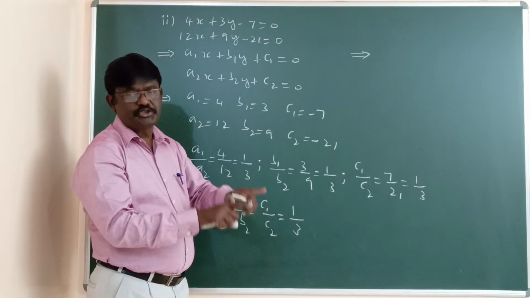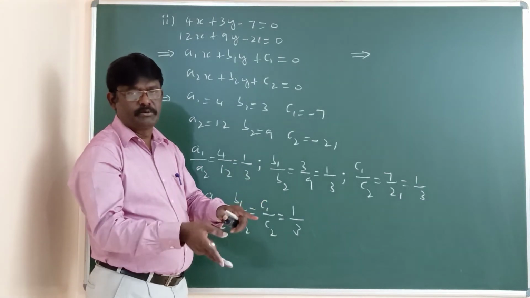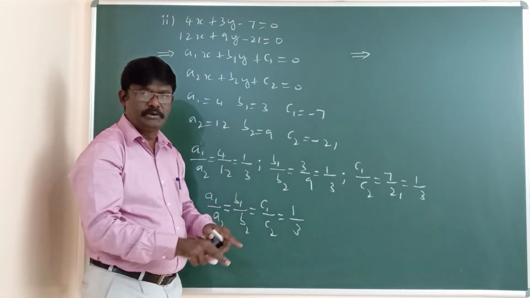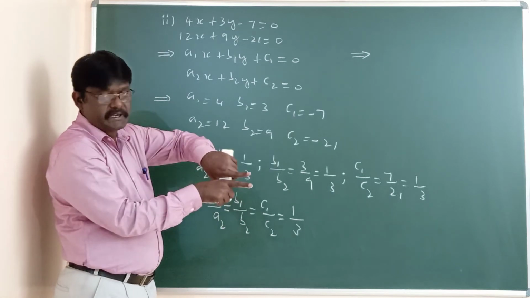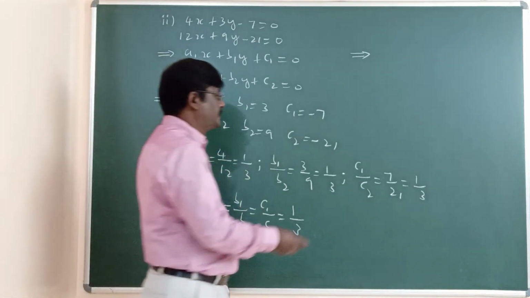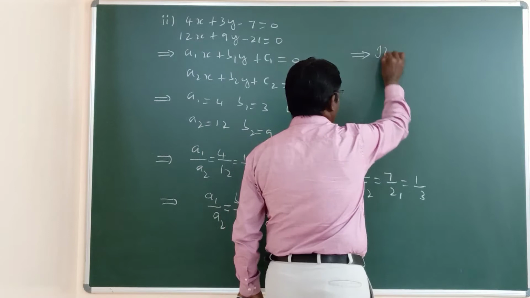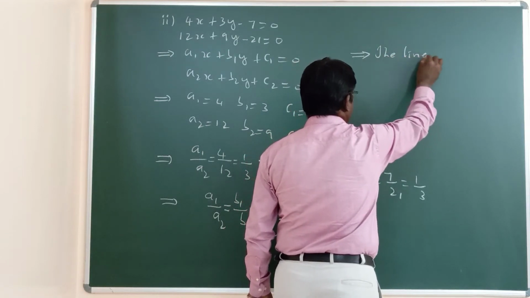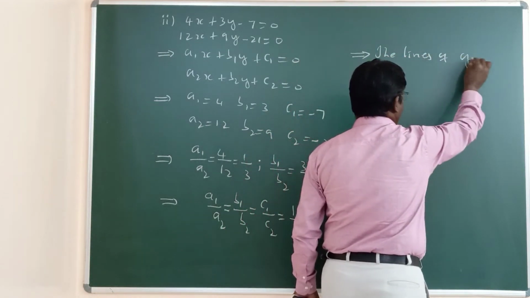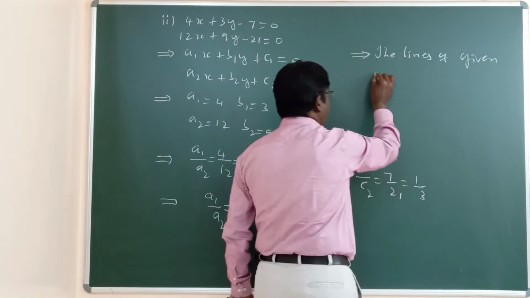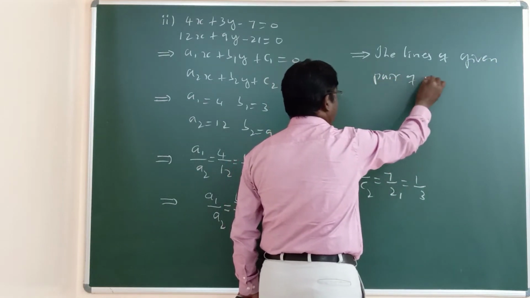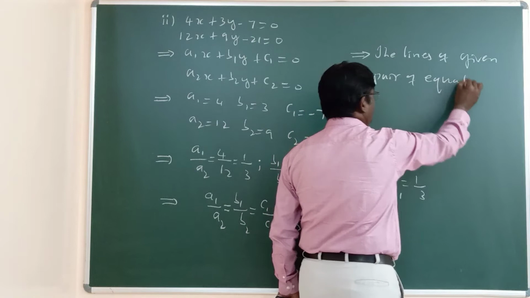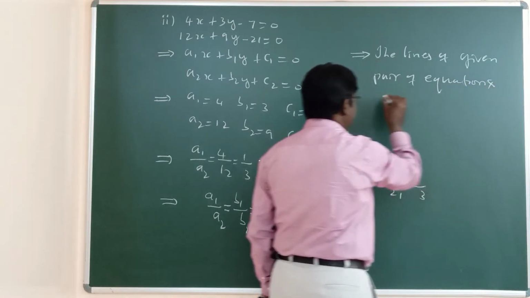When all three ratios a1 by a2 equal b1 by b2 equal c1 by c2, we get coincident lines. Hence the lines of the given pair of equations are coincident.